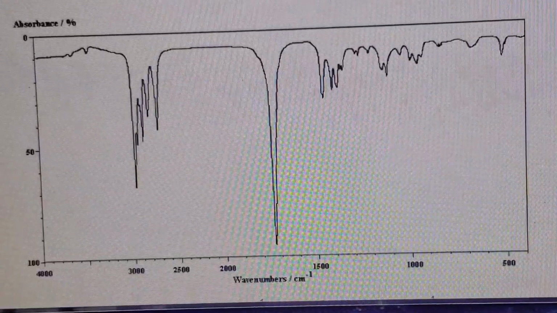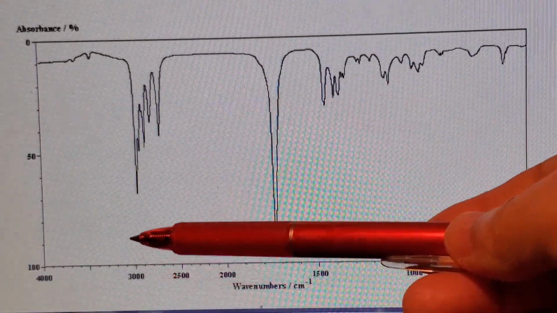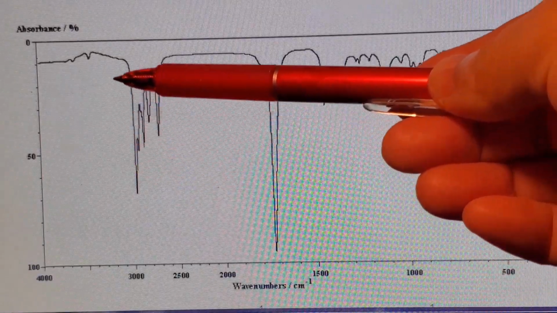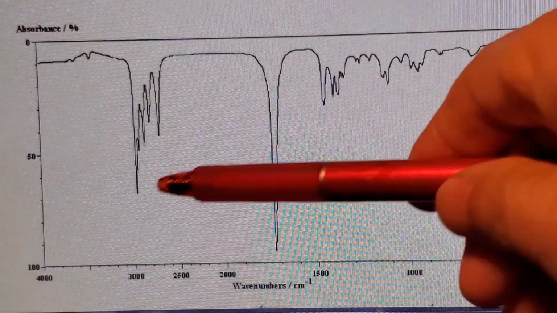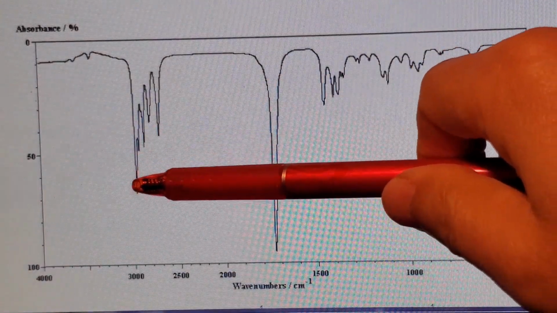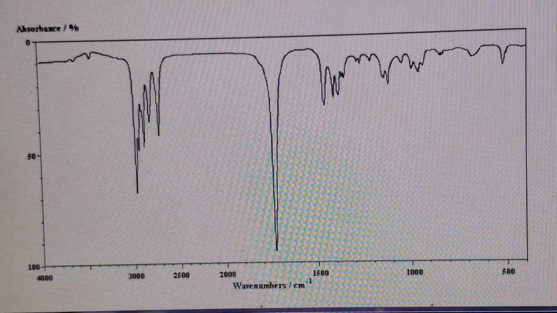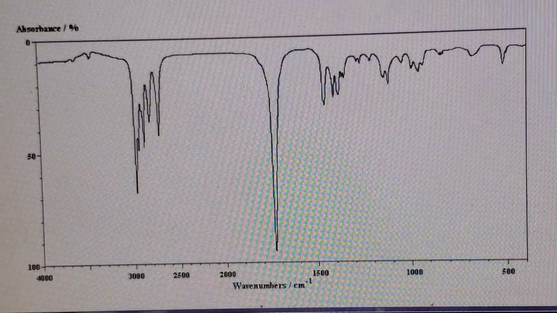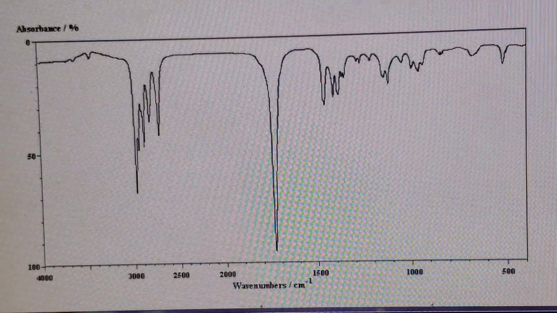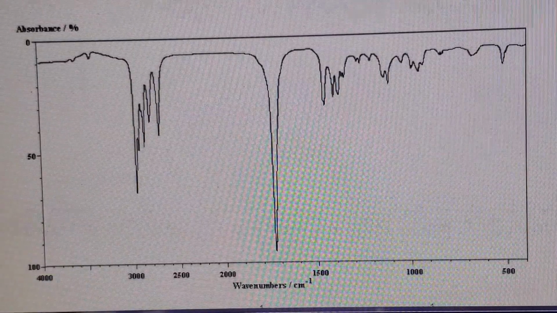Okay, let's try this. You have none of the CHs or OH and NHs over 3000, and you have very isolated sp3 CHs for some reason. It probably means you don't have many different types of alkanes.